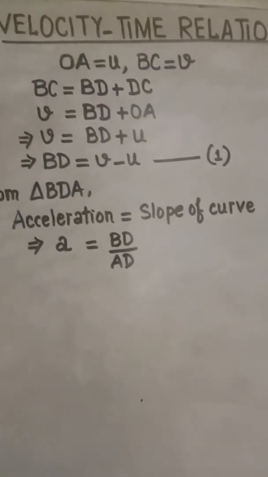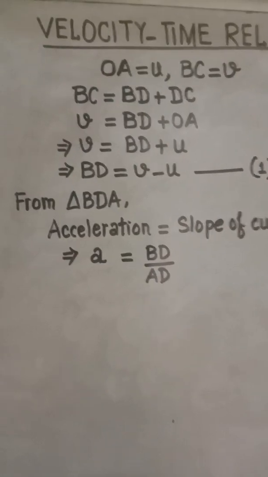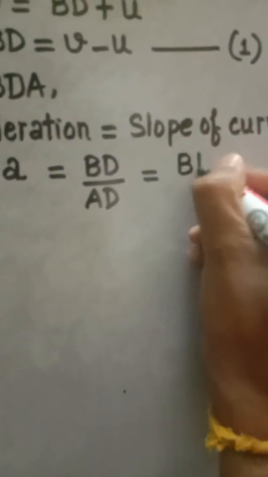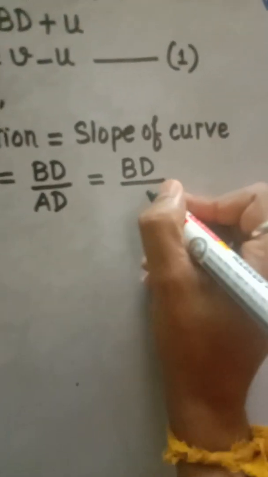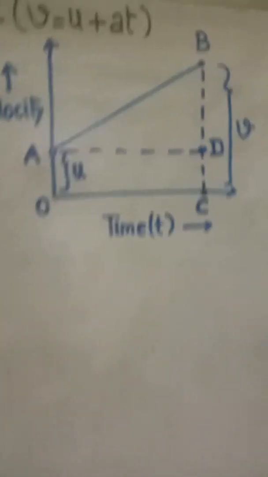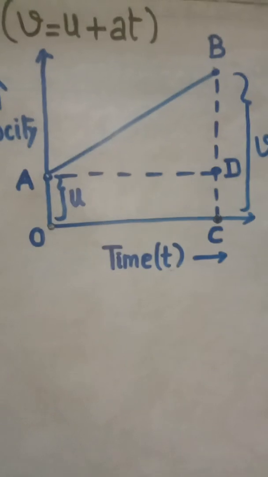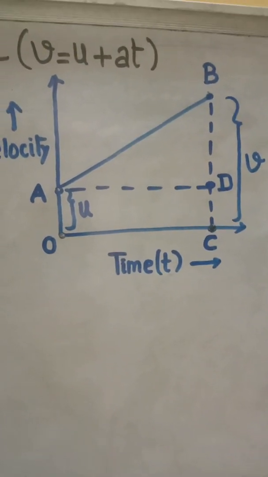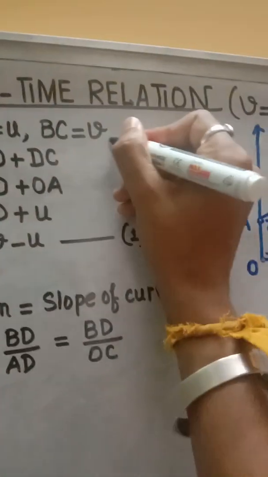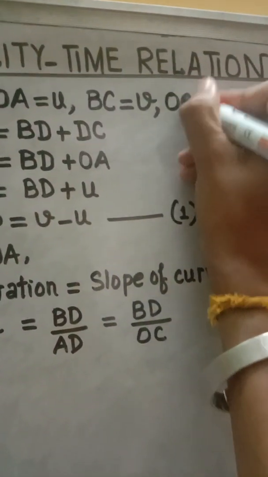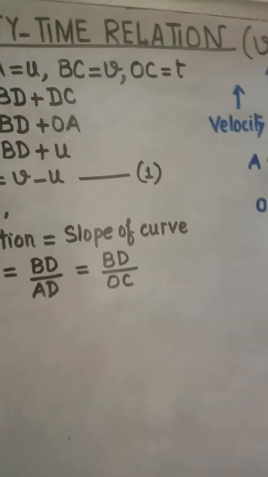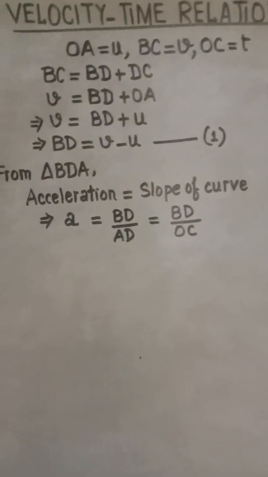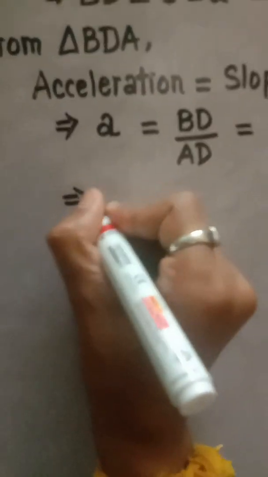We can write AD equal to OC. Why? Once again, opposite sides of a rectangle, right? So BD by OC. Previously it should have been mentioned that OC is equal to time because it is the time axis.